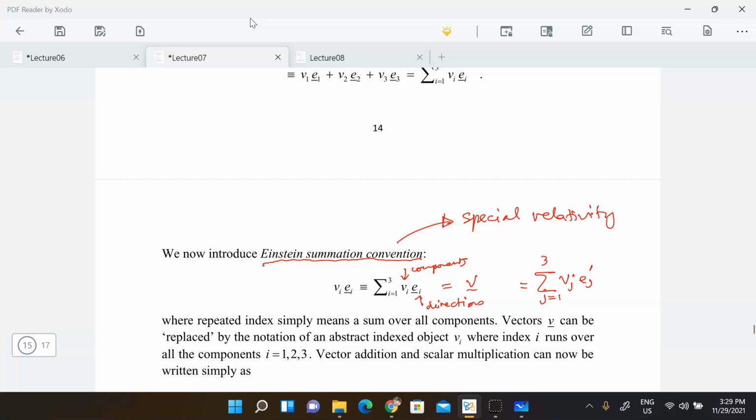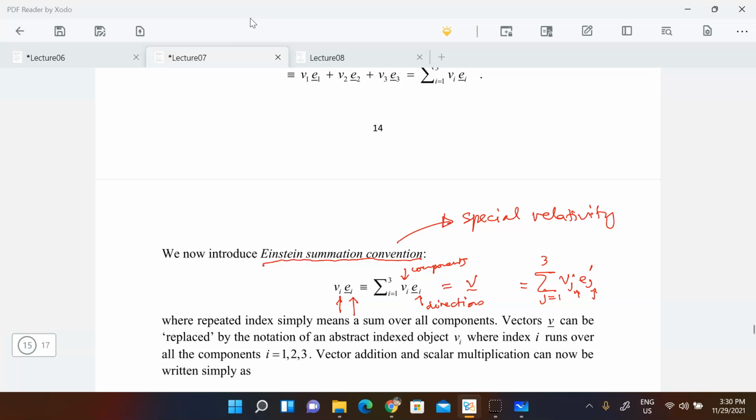So in other words, this symbol, which is stuck within this summation, is the same symbol for both objects. And to simplify the notation, what Einstein does is, if I want to sum, I just use two same indices.